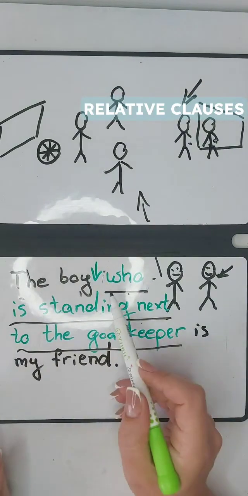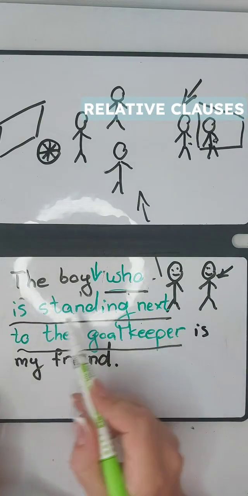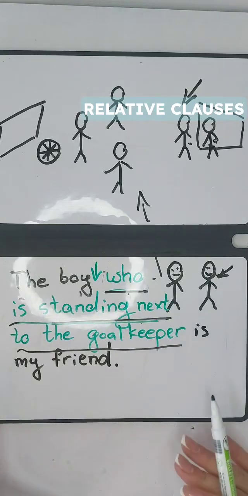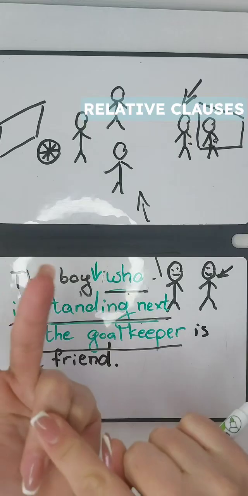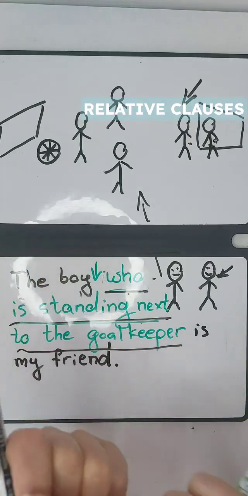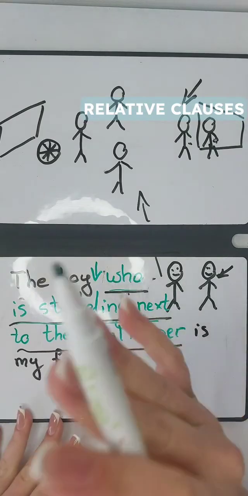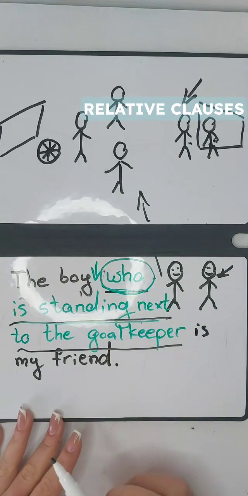Okay, so who is standing next to the goalkeeper? This is essential information, works like a passport, and it helps us identify a person, thing, animal, idea, place, time, right? But of course, we cannot always use who.